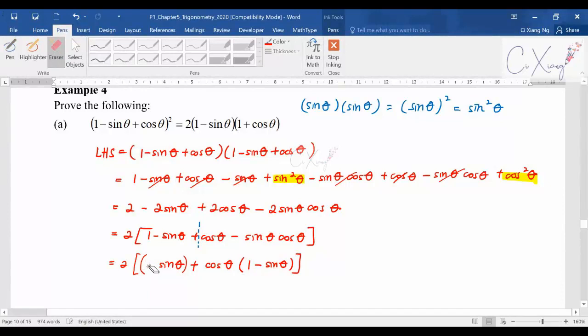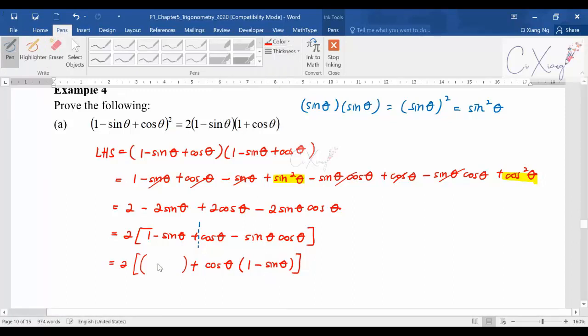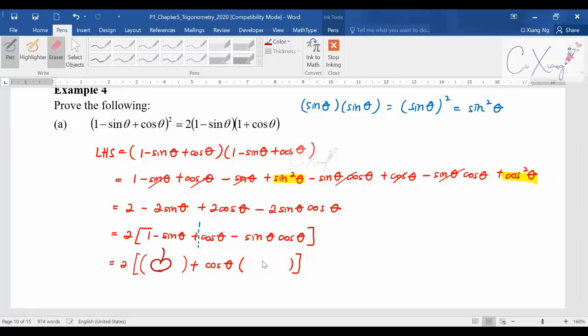So maybe now I try to change the 1 minus sine theta as maybe an apple. It's easier to draw an apple. So you're having an apple here, and the 1 minus sine theta here also, you represent as an apple.